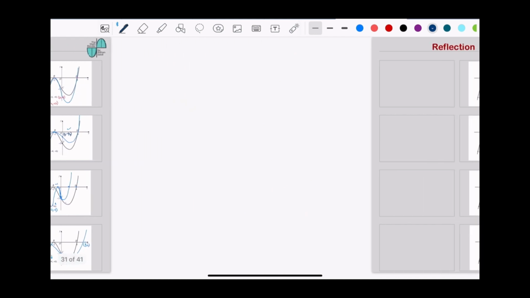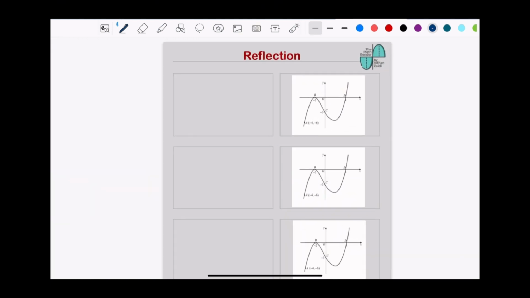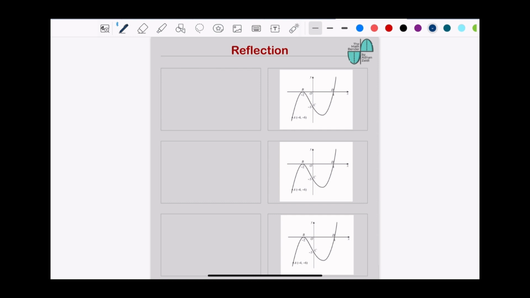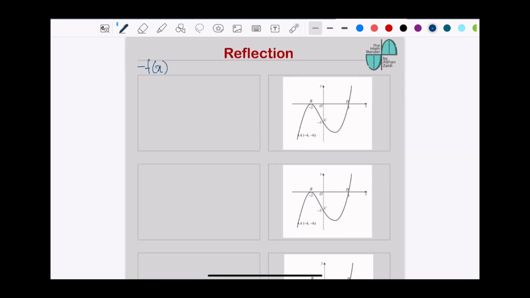Now let's look at our third and the last part of it, reflections. So if I say negative f of x, now this means that the curve is reflected, and when we talk about reflection, we talk about mirror lines. Without explaining or writing down the mirror line, there is no concept of reflection that you are required to answer.